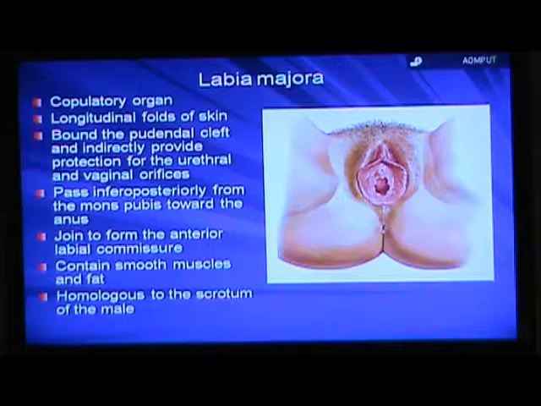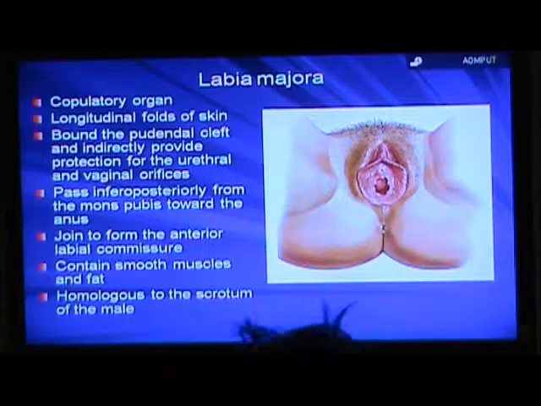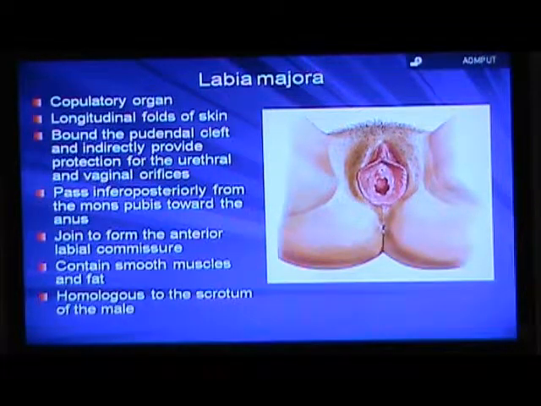The labia majora are the copulatory organs. They are longitudinal folds of skin. They bound the pudendal cleft and indirectly provide protection for the urethral and vaginal orifices.